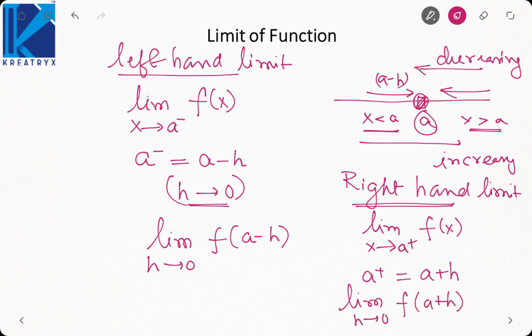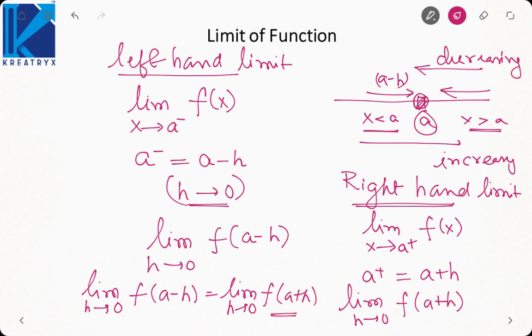Now we will say the limit of a function will exist if these both limits are equal. That is, if limit h tending to 0 f of a minus h is equal to limit h tending to 0 f of a plus h, then the limit is said to exist. Otherwise we will say the limit of a function does not exist. Is it fine? So limit will exist only when left and the right hand limit is equal.